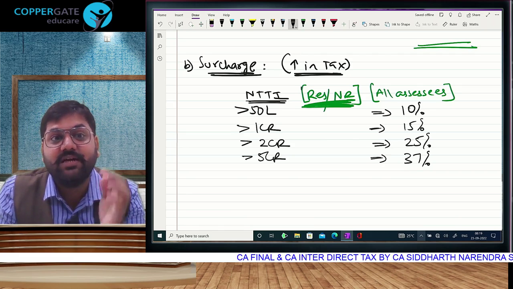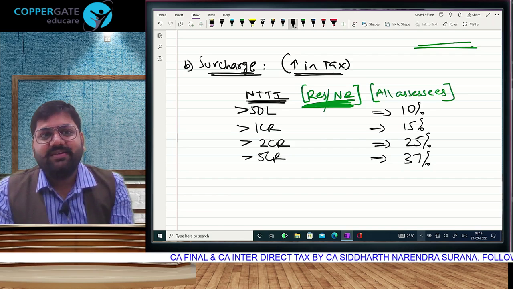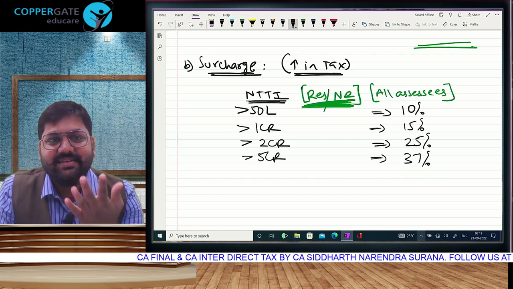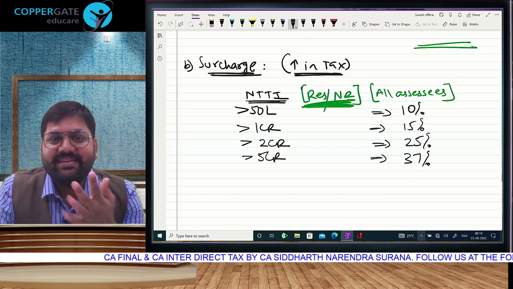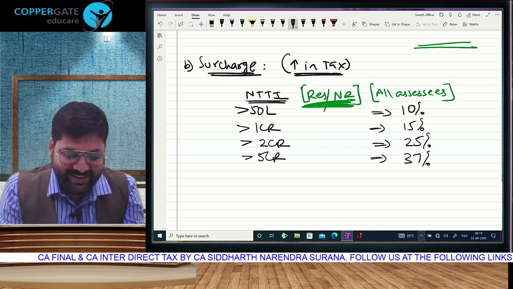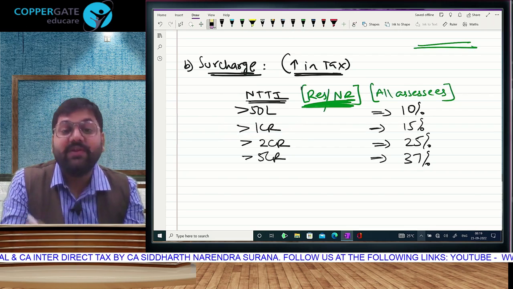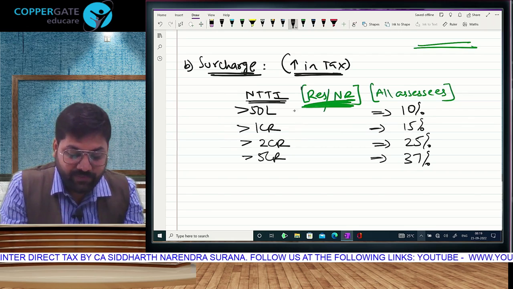Equal to 1 crore. I am changing my question. Listen. Equal to 1 crore, surcharge? Sir, greater is written so not applicable. Lol. Read between the lines.